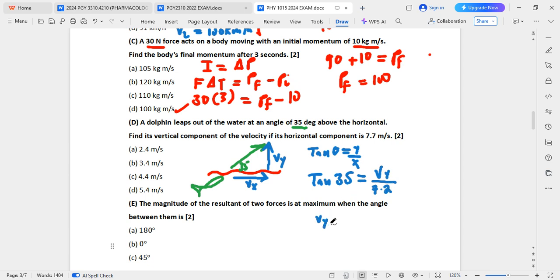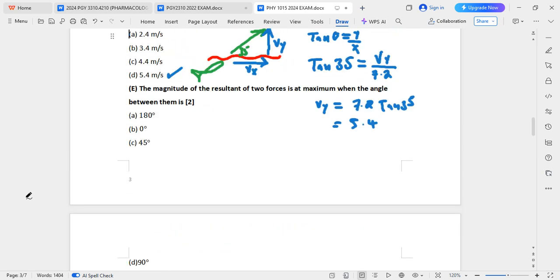Therefore, Vy is going to be equal to 7.7 multiplied by tan 35. And when you punch that on the calculator, you get 5.4 meters per second. So that gives us the answer.